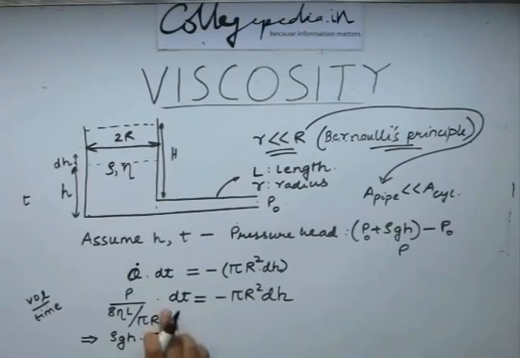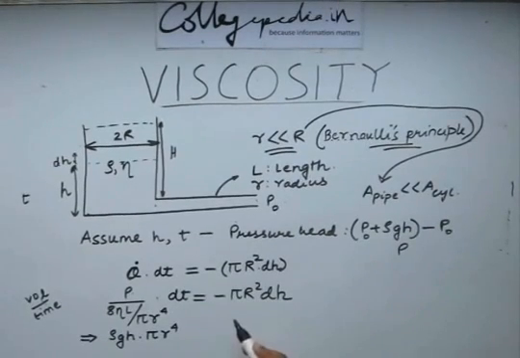Note that I have made a mistake here. This capital R is not going to be capital R. There we considered that our pipe radius was capital R. Here our pipe radius is small r. So this is going to be small r to the power 4. Please be very careful about these symbols, because when a formula is remembered, we remember the exact quantities we took in that formula.